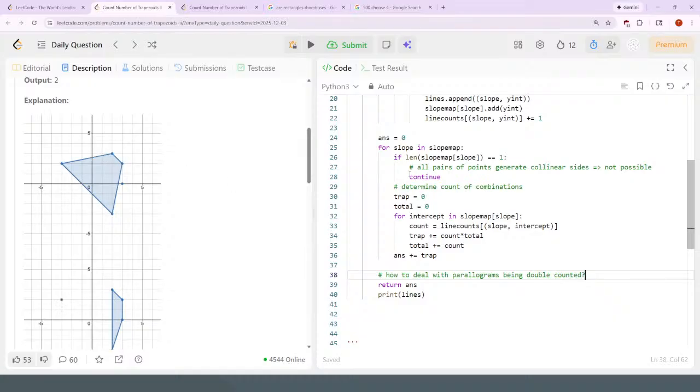And trapezoids and rectangles all double count each other.